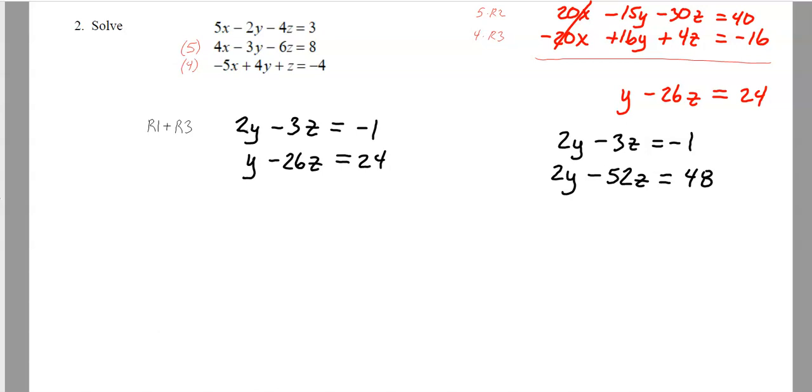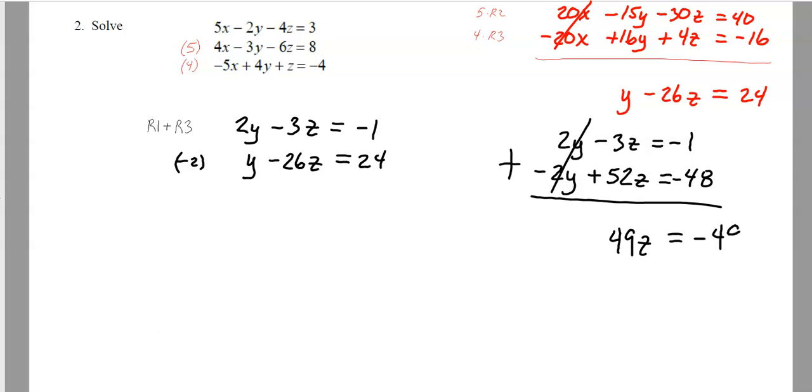And actually, I didn't want to multiply by 2. I want to multiply by negative 2. So change that, change that, change that. So actually, I multiplied this row by a negative 2. And what shakes out is that goes away when I combine them, and I get positive 49z.